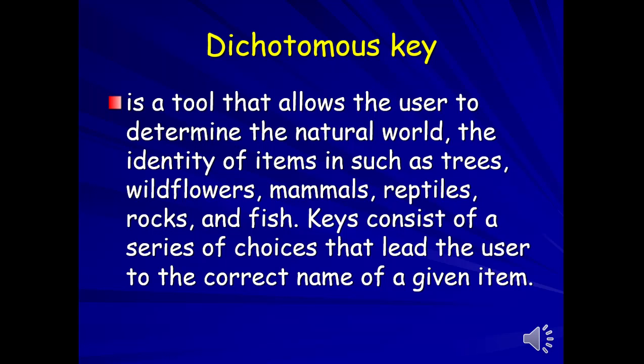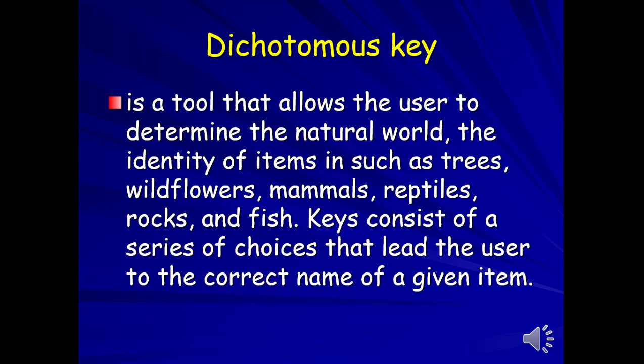Next, we will take another method of classification, which is called the dichotomous key. It's a tool that allows the user to determine the identity of items in the natural world, such as trees, wildflowers, mammals, reptiles, rocks, and fish.